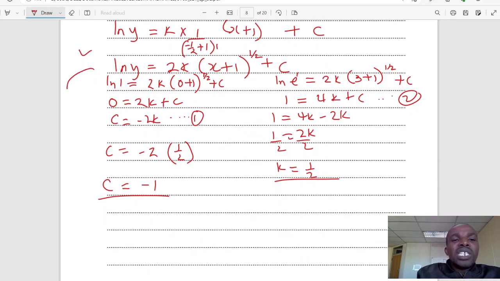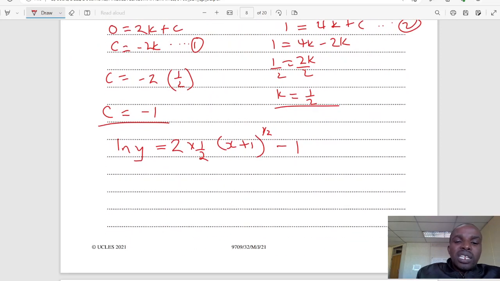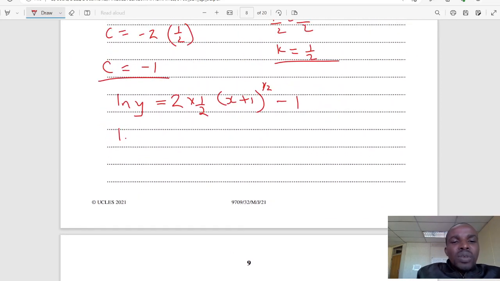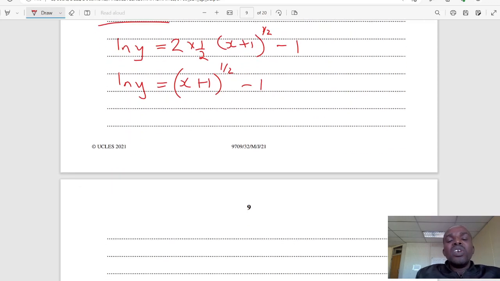Now I can substitute into my equation. I can say ln y equals 2, where k is half, so 2 times half, times (x + 1) to the power half, plus c, which is minus 1. Then my equation will be ln y equals (x + 1) to the power half, minus 1. Now from this, you have to make y the subject of the formula.